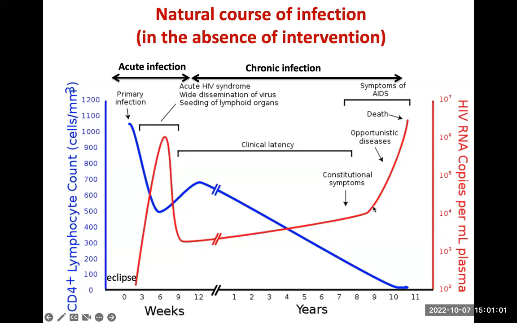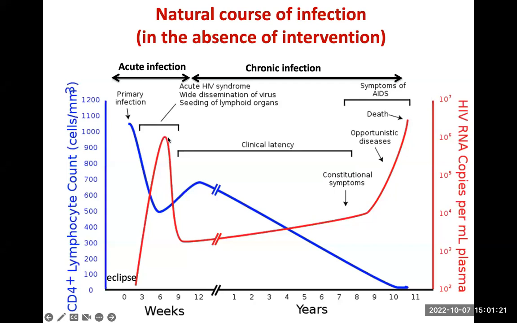But then later on, because the immune system has degraded so much, the viral replication wins, and that's when you see increases in viral loads during the end stage disease. So during that time, of course, you have this sharp decline in CD4 counts during acute infection.